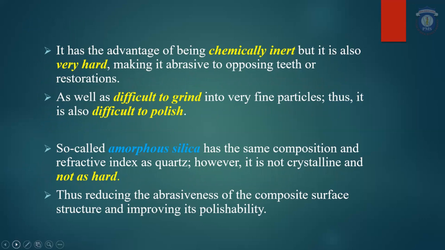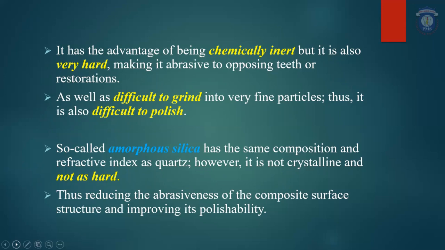It's very hard and chemically inert, but it also causes wearing away of the opposing tooth or the tooth with which it comes in contact. It is very hard, acting as an abrasive to opposing teeth and restorations, and it is also very difficult to grind, and very difficult to reduce the size of these filler particles into very fine particles. It is difficult to grind, and it is also difficult to polish these restorations.